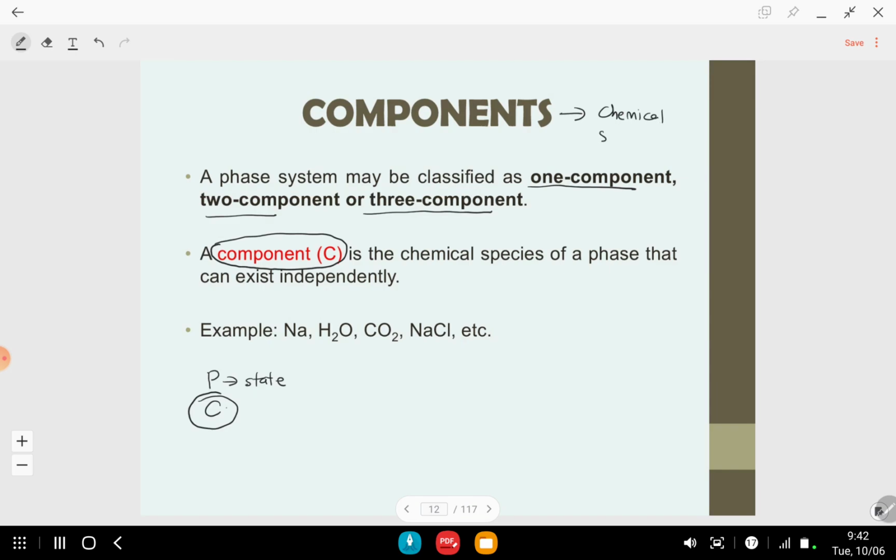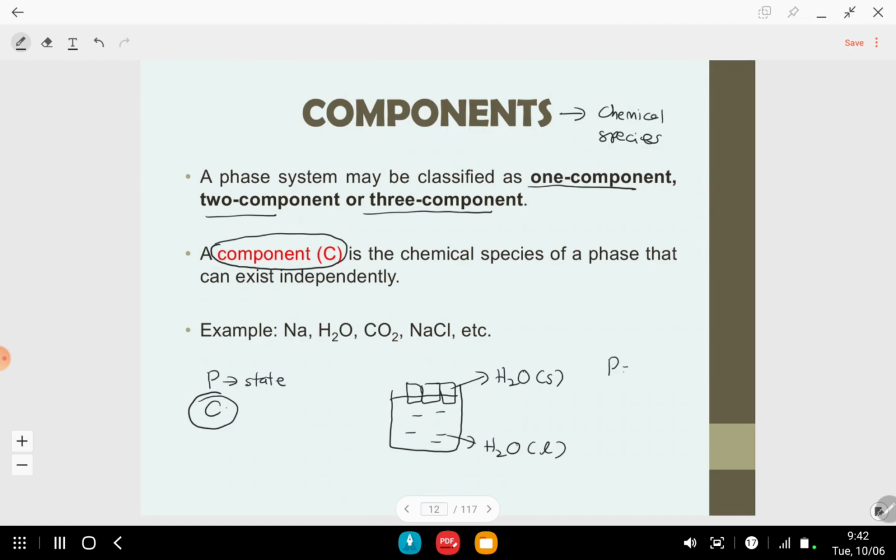For example, this is a beaker containing water and we have ice inside. This is H2O in liquid, and this is ice, H2O in solid form. Now the question, how many phases are there?